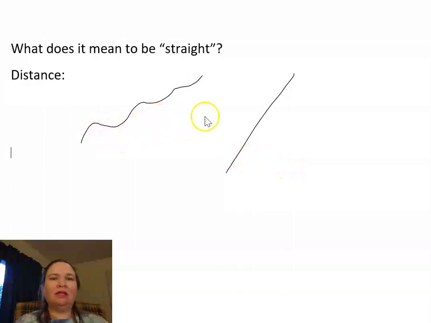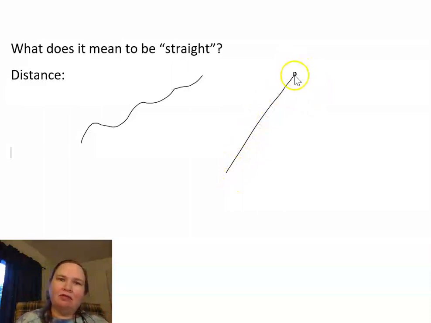And one of the things that you can say about curvy versus straight, that's a very intuitive thing, is we say that the straight line is the shortest path between the endpoints.